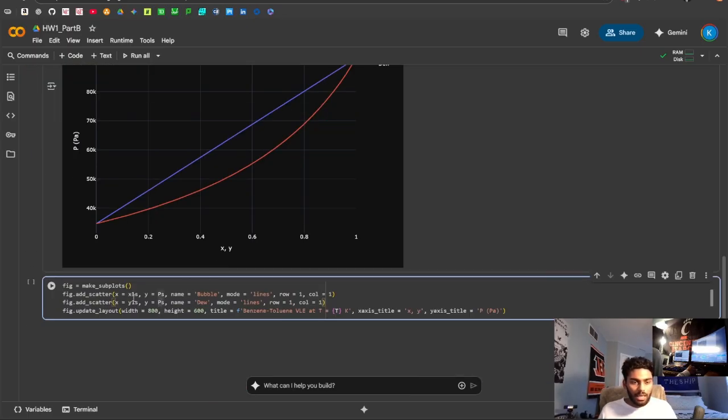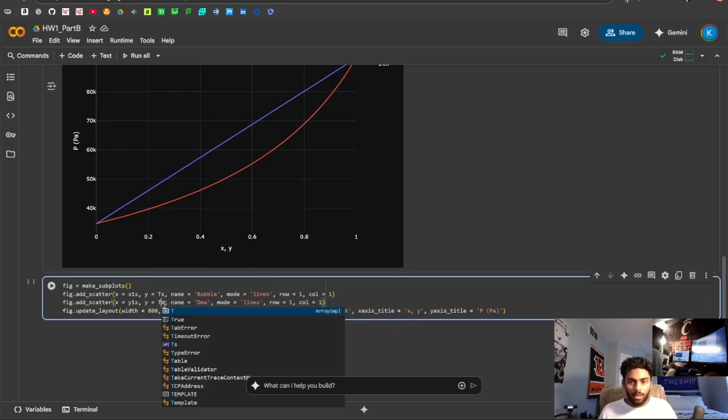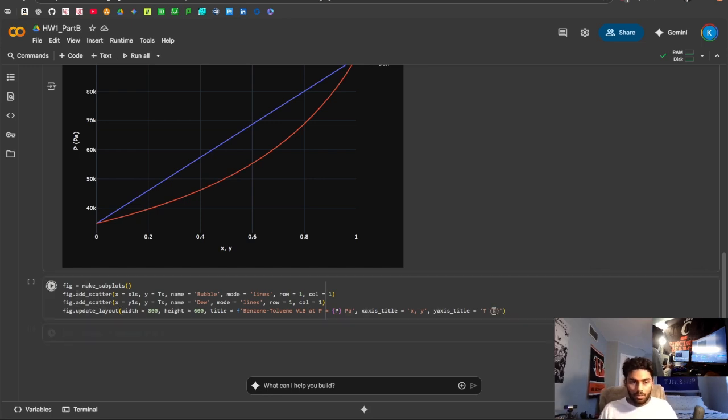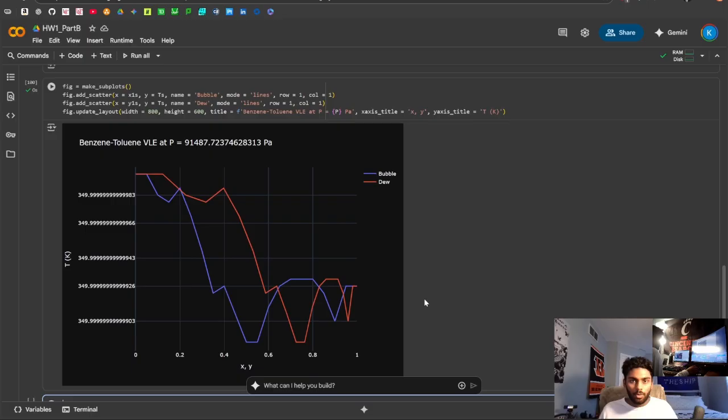So now X is equal to our X1s, our Y is equal to our T's at this point. We can keep that, it's not going to affect anything. Change this to our T's as well, at pressure equals P pascals. And our Y is going to be our T in Kelvin. So let's see if that, oh boy.